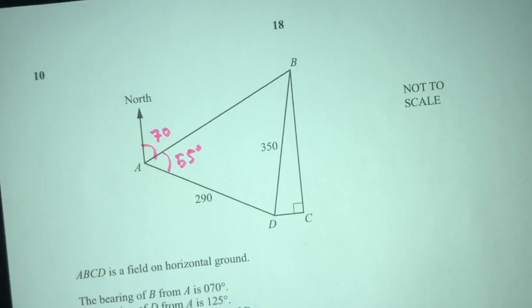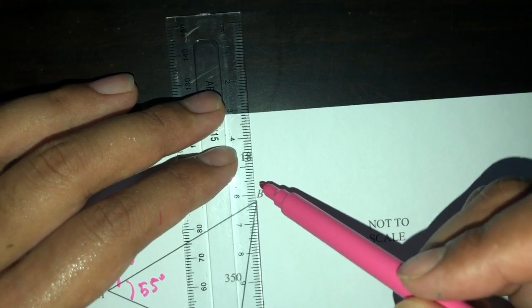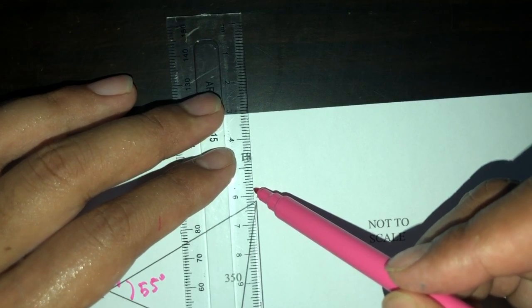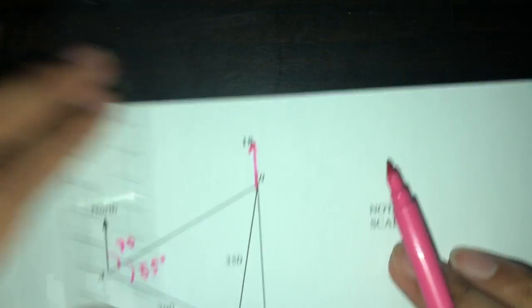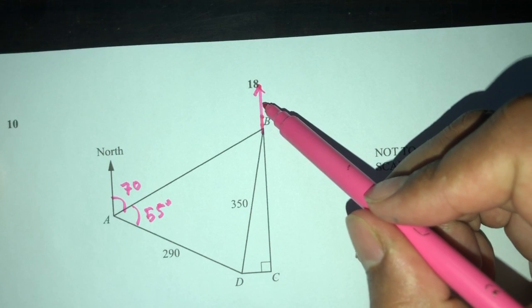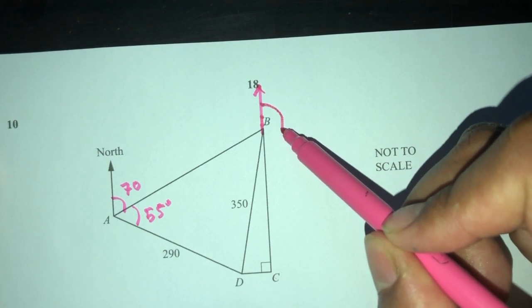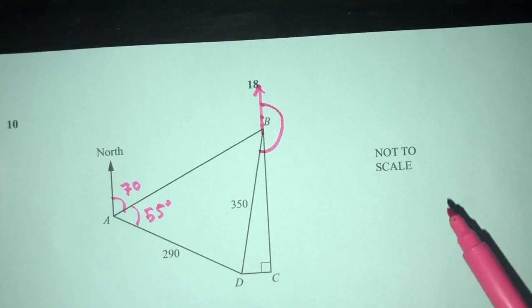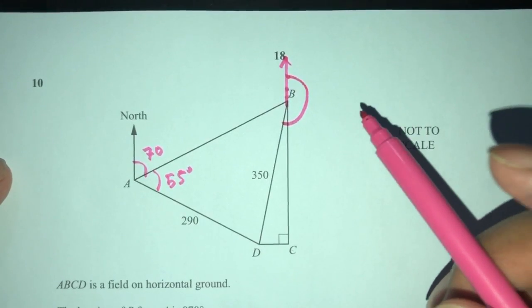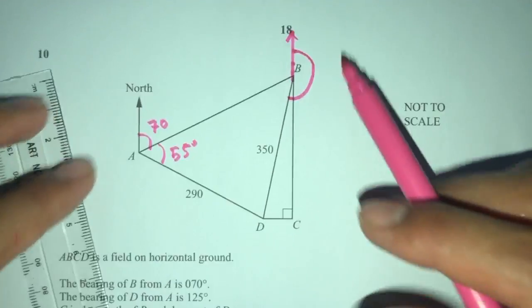To find the bearing from a point, we first have to draw the north line at that point. This is the north line right here. So what do we have to find? We have to find this angle, from this to the point of D. So this whole thing, right? To find this whole thing, what can we do? Let's do some math here.